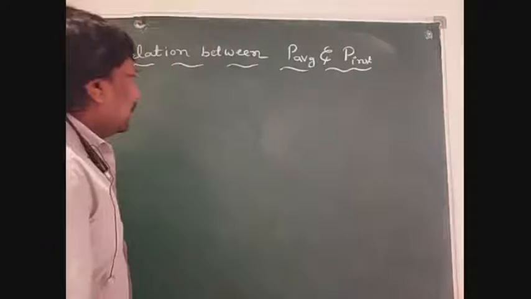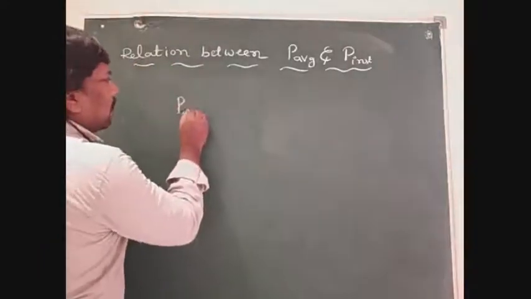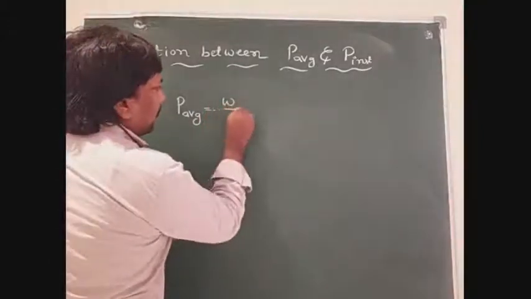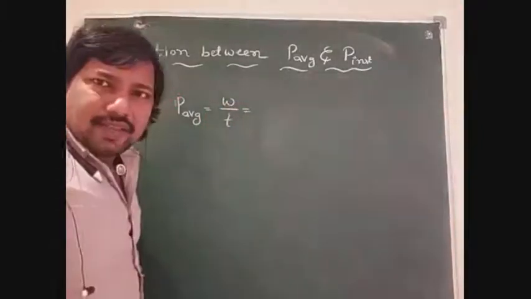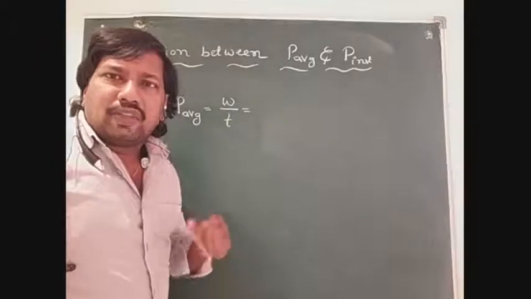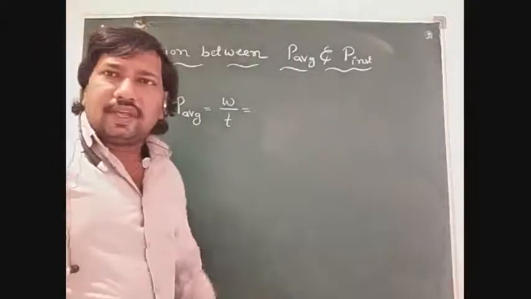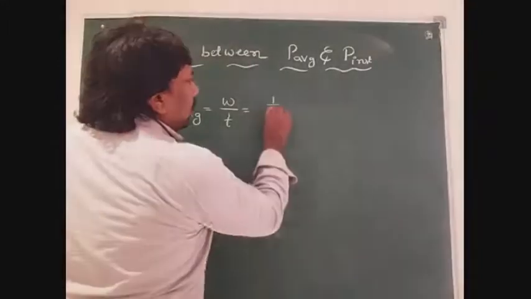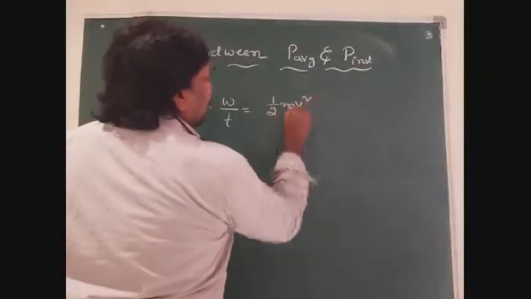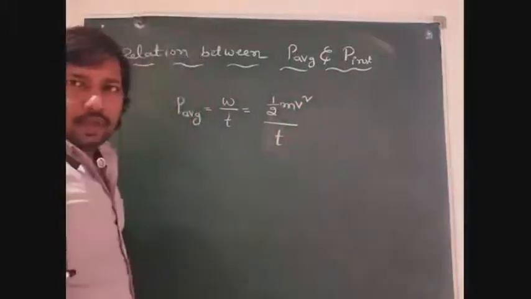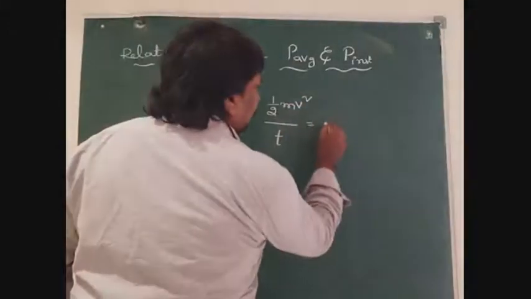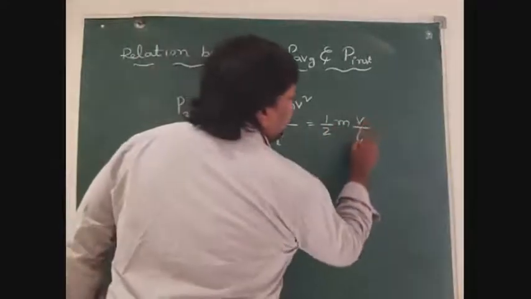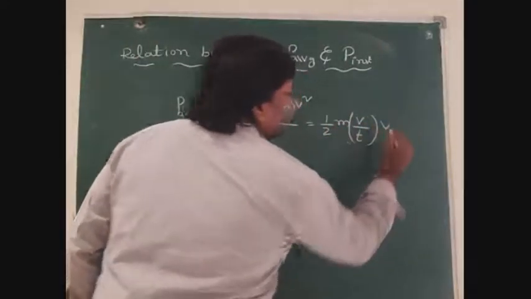Then average power is equal to work done by time. When the particle is moving with some velocity, its work done is equal to kinetic energy, that is half m v square by t. That is half of m into v by t into v.